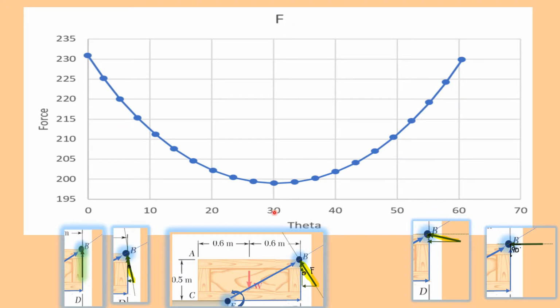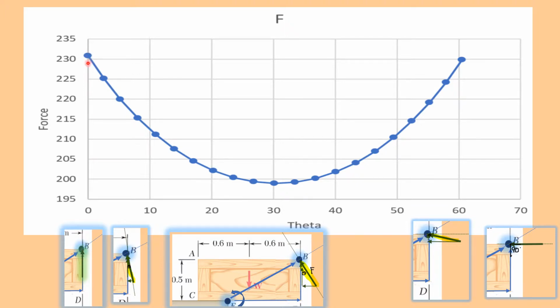Along the x-axis, this is the angle that the force is making with the vertical. We're looking at the force that's pushing up here at this point B. Over here at this side, this would be an angle of 0 where the force is vertical, so you'd have to really push up.